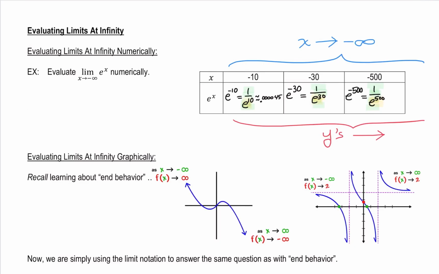And in this case, those y's are getting closer and closer to 0. So looking at it numerically, the limit as x goes to negative infinity of this e to the x function is 0.